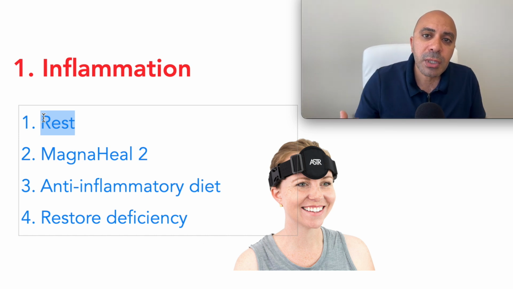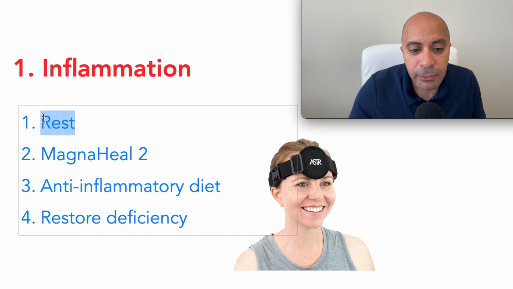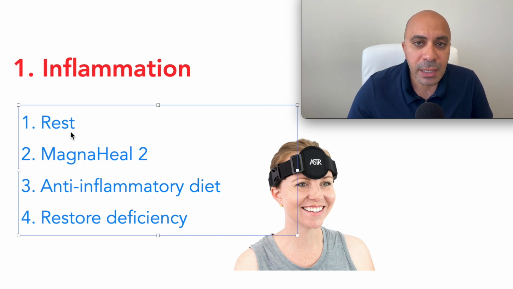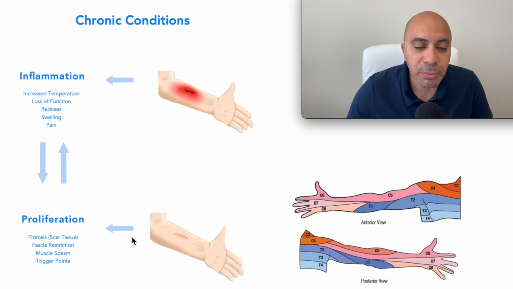If your symptoms have resolved, that's a good sign that it was a minor inflammation. If your symptoms have not been affected at all, are getting worse, or have not resolved, you have a chronic condition where we have to aggressively decrease the inflammation and break the inflammation-proliferation vicious cycle.